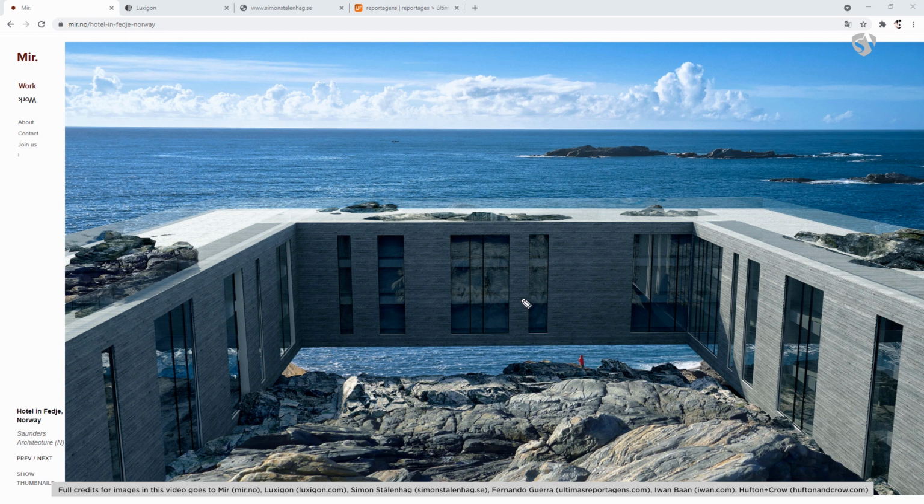The balance point here. I mean, you probably don't need a balance point in this image, because the guiding lines in this image are so strong that you go anyway here, and then you go back to the building anyway, because the building is kind of heavy.